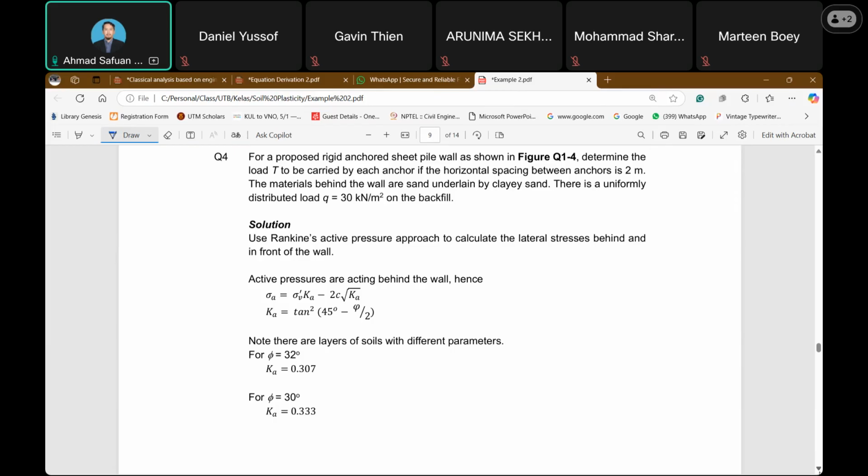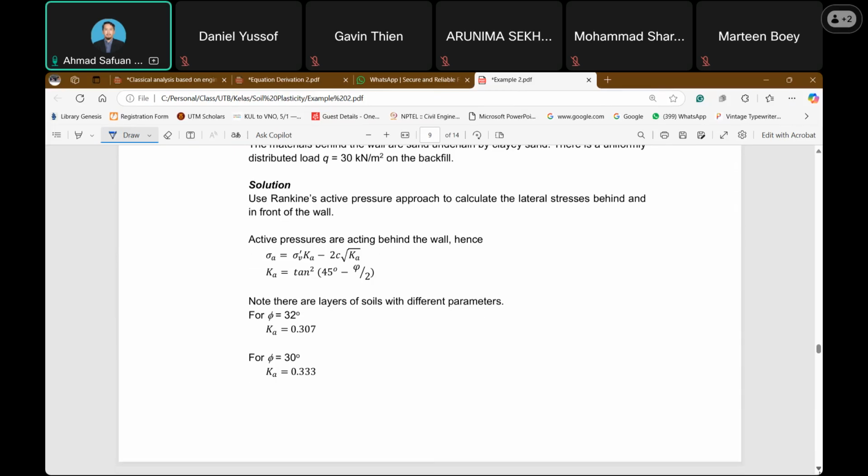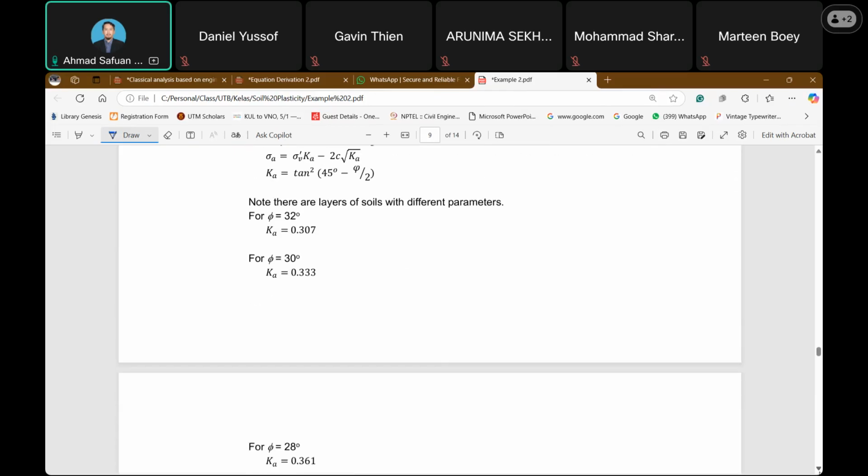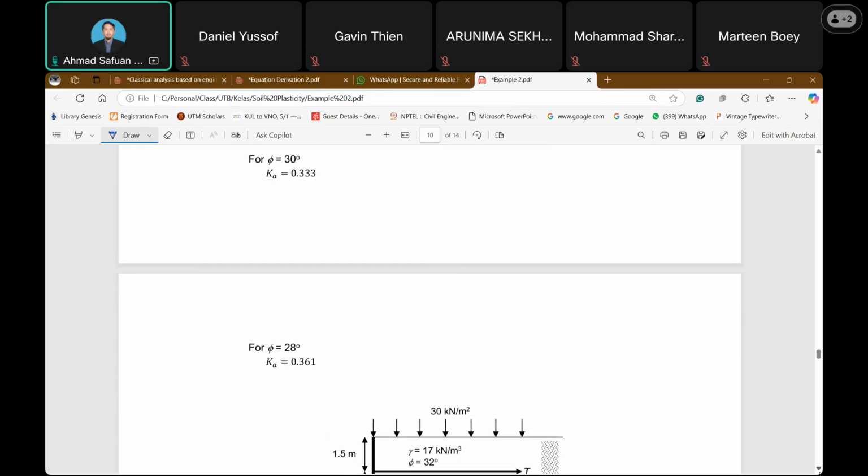Note there are layers of soil with different parameters. Phi is 32 and phi is 30, where Ka is 0.300 and Ka is 0.333. For the third layer, phi is 28, where Ka is equal to 0.361.